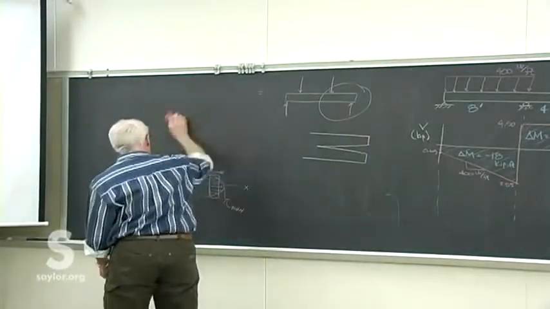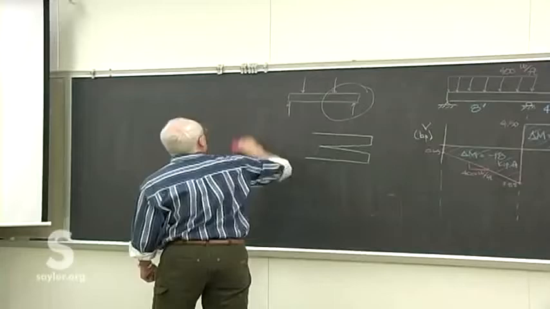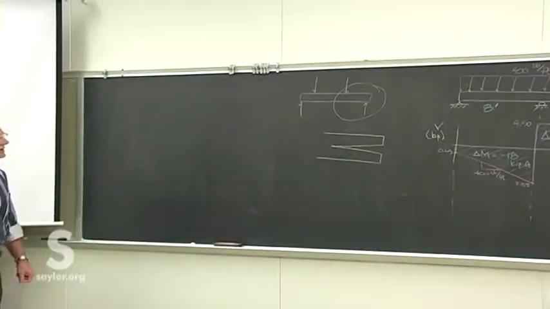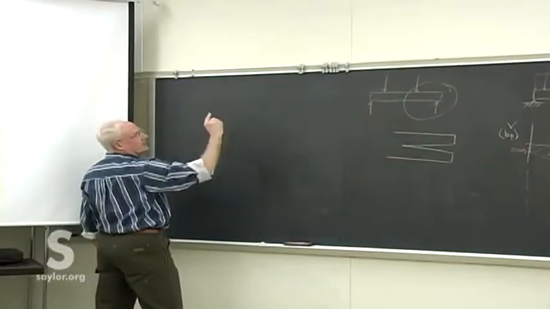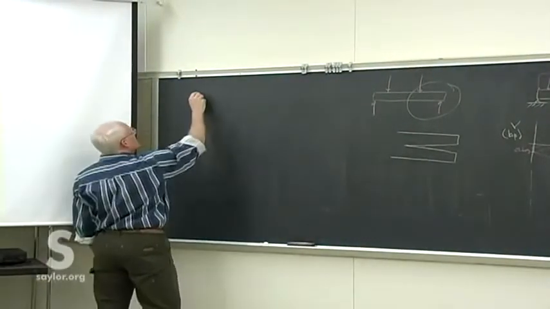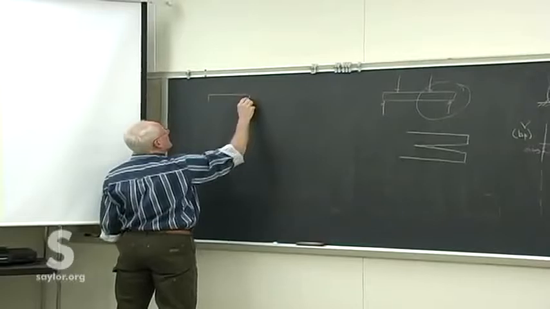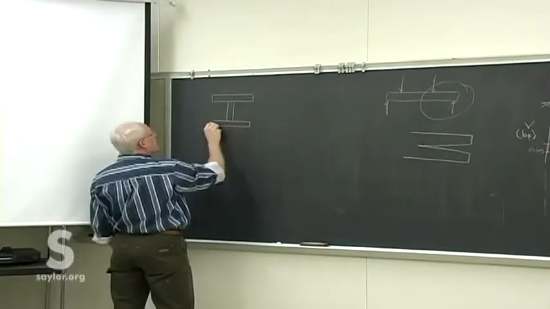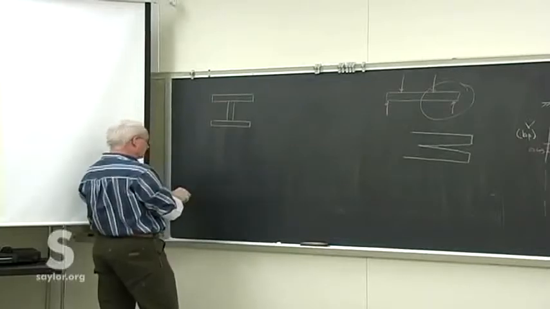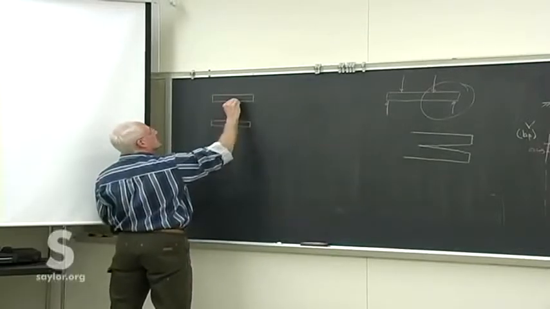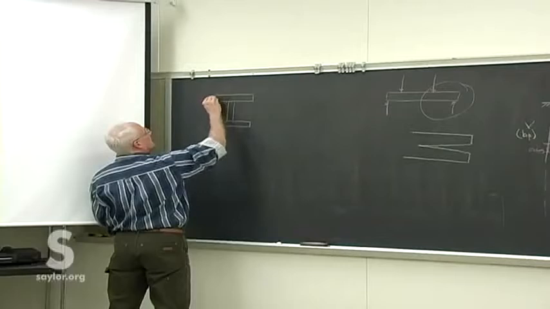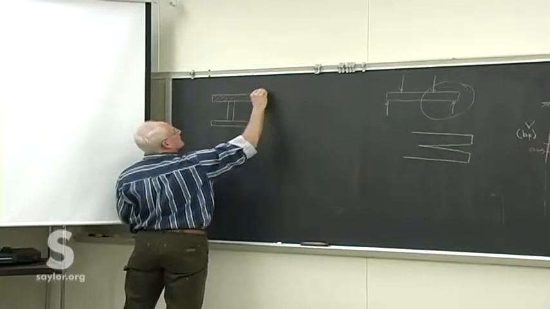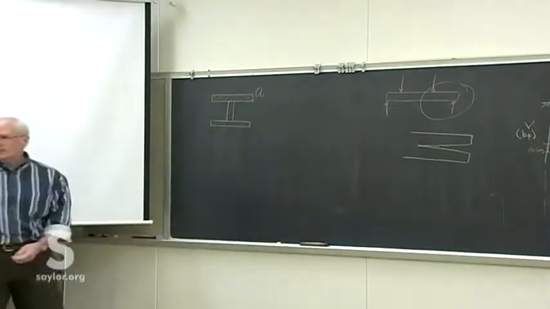All right, before we do another example, just to make sure that you understand what the Q is that we need. For the wood beam, we had the wood I-beam. The concern was right at this place, that plane there, and so we needed the entire area above that plane.